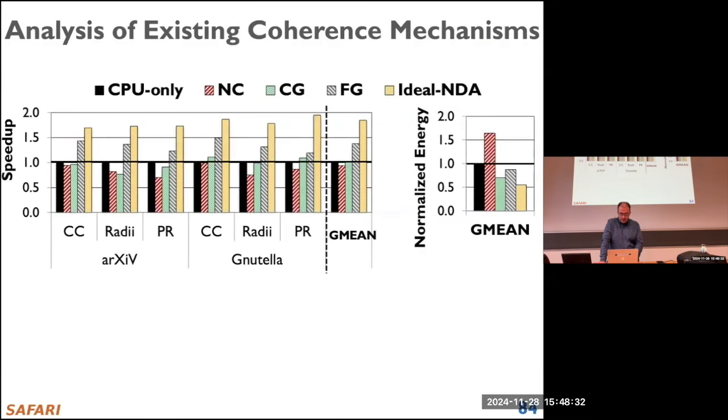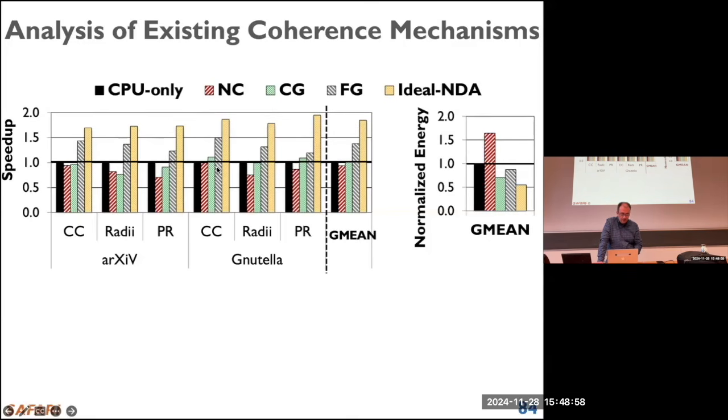And here are the results that you can see. This is the ideal one, that shows the room for improvement. Everything is normalized to CPU only, meaning that you don't have NDA access, processing near memory engines. So with non-cacheable, you can see that it reduces performance. Coarse grain, in many cases, actually reduces it.